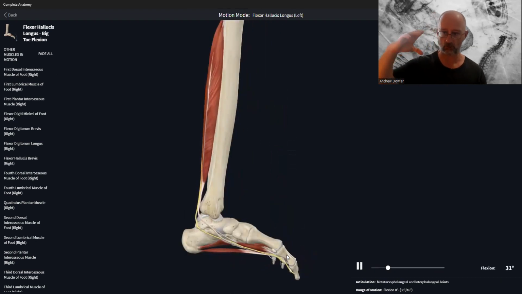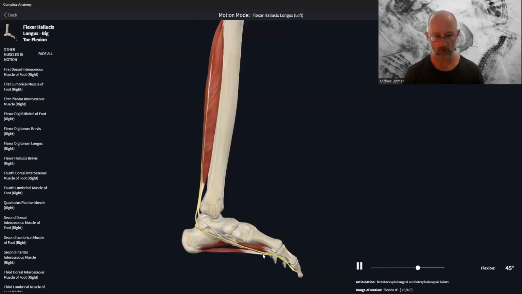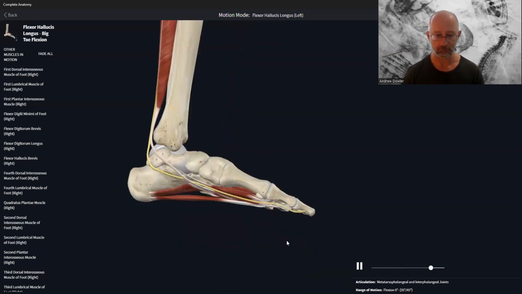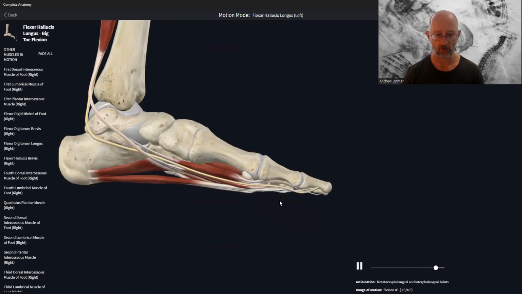So it's kind of like a gripping of the foot. Same as when you do a grip of a finger. When you curl your fingers, that's finger flexion. When you straighten them out, that's finger extension. Same thing with the toes. When you curl your toes under, that's toe flexion. And then when you straighten them out, that's toe extension.